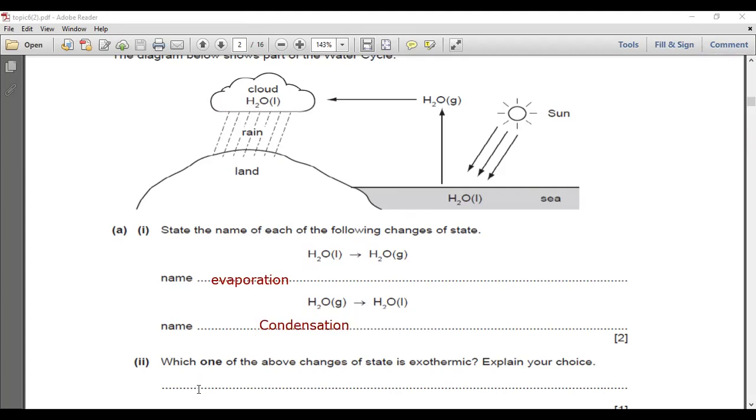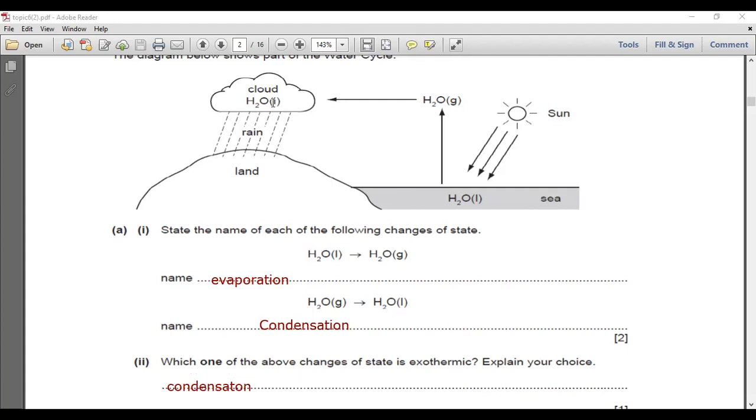Which one of the above changes is exothermic? Exothermic means it releases energy. Condensation, because particles in the gas state already have a lot of energy, so particles need to lose energy to become liquid.